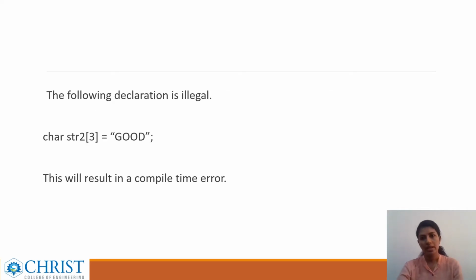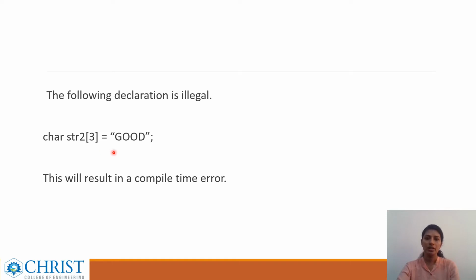Now we'll look at another example of string declaration. We have a string str2 and its size is 3. We are initializing str2 with the word GOOD. This particular declaration will result in a compile time error because in this word we have 4 characters, but the size we have given here is only 3.